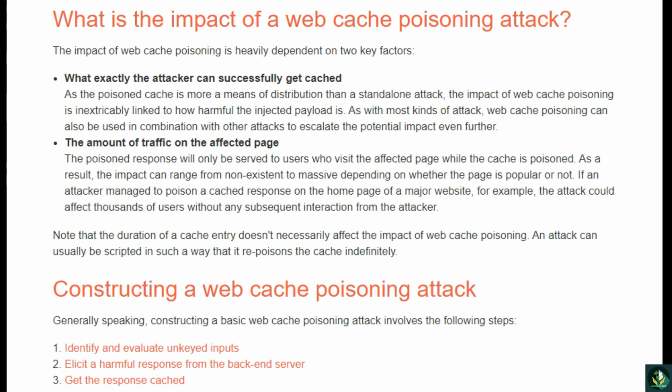As a result, the impact can range from non-existent to massive depending on whether the page is popular or not. If an attacker managed to poison a cached response on the home page of a major website, for example, the attack could affect thousands of users without any subsequent interaction from the attacker.